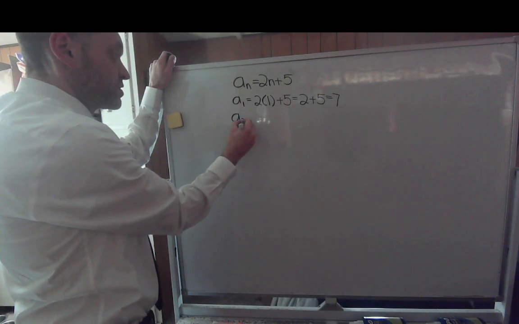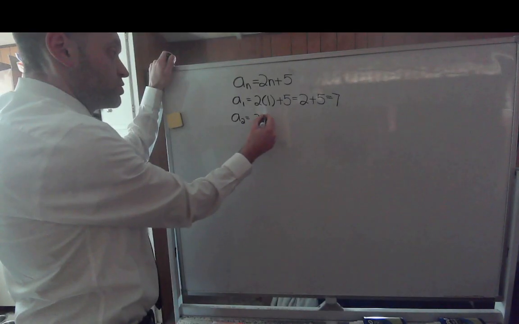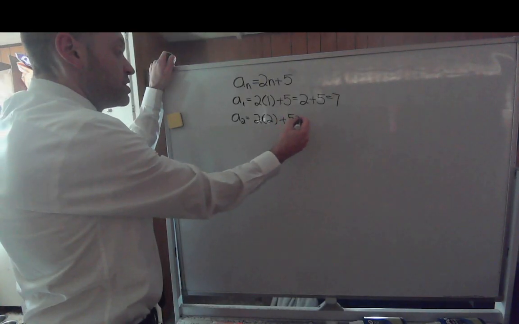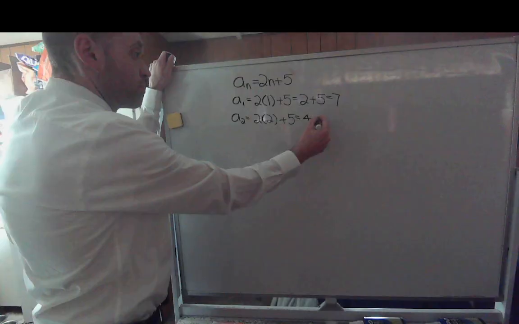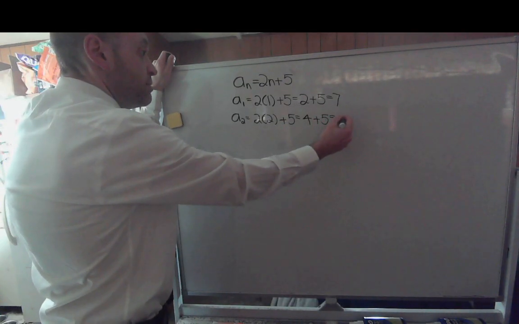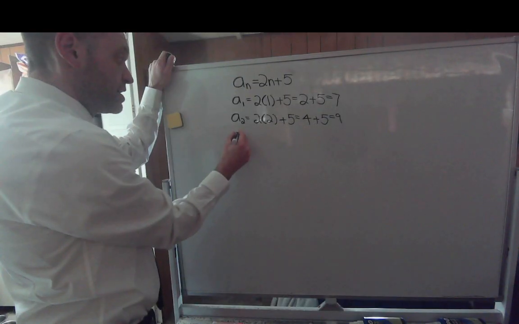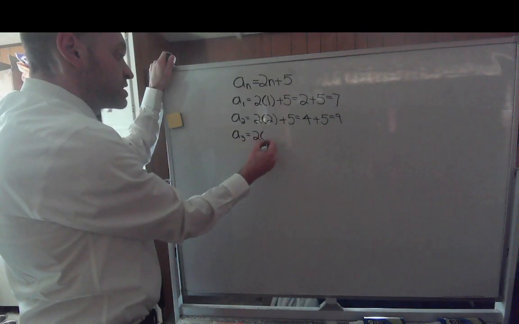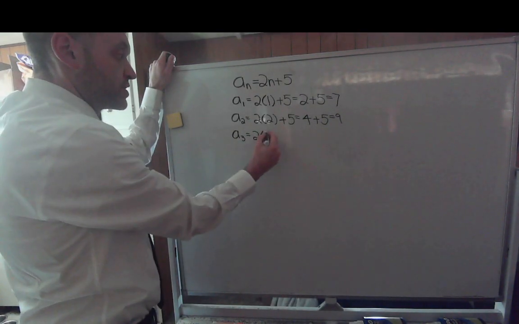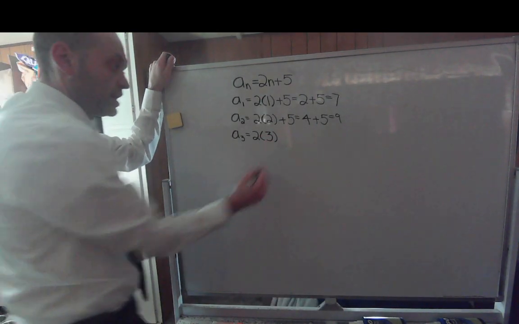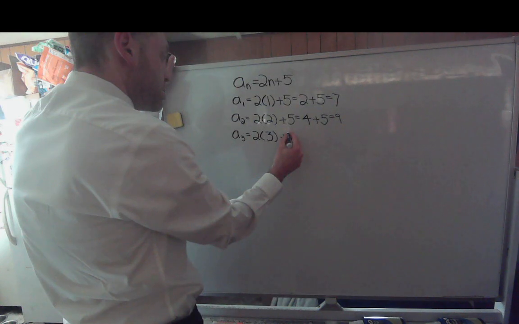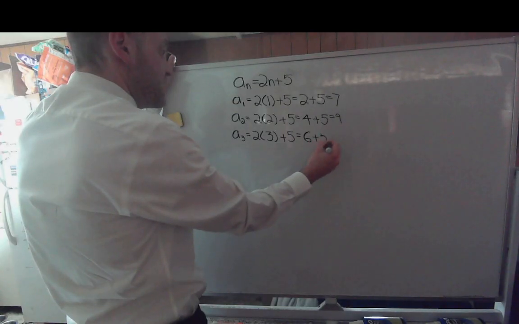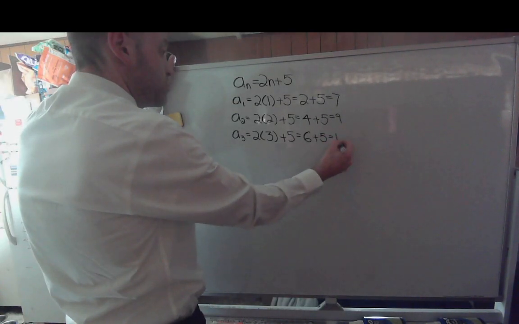Alright, let's do a sub 2. Let's find the second term. That's going to be equal to 2 times 2 plus that 5. So that would end up equaling 4 plus 5, meaning my second term would be 9. A sub 3 would be 2 times the number of the term I'm on, so 2 times 3 plus 5, well that's going to equal 6 plus 5, which would equal 11.